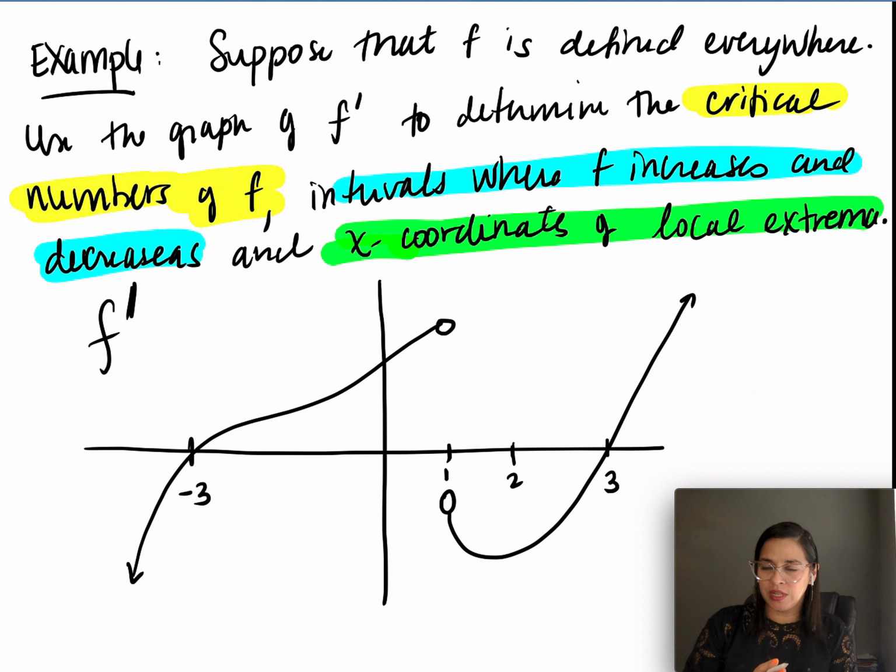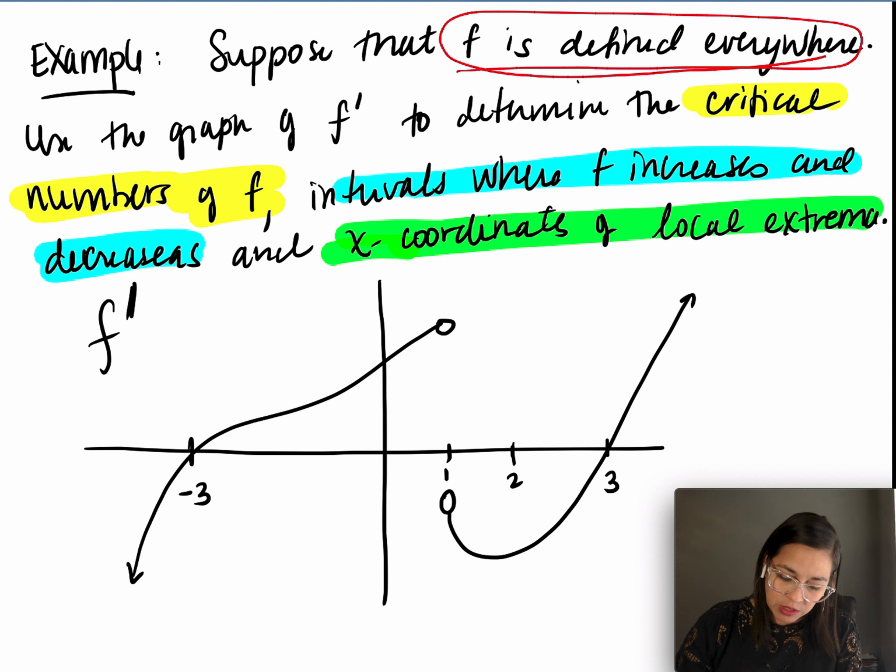We have critical numbers whenever the derivative is 0 or does not exist, and they have to live in the domain of the function. Well, in this case, we know that f is defined everywhere, okay? So if we find places where the derivative is either 0 or does not exist, then we know that those are my critical numbers, okay?